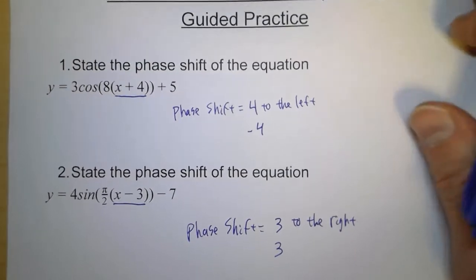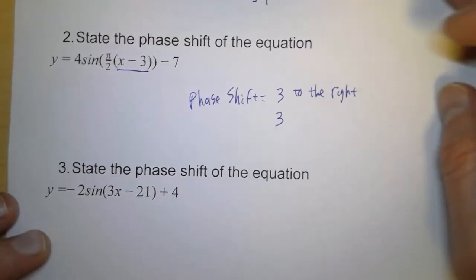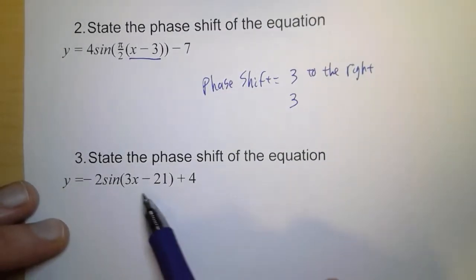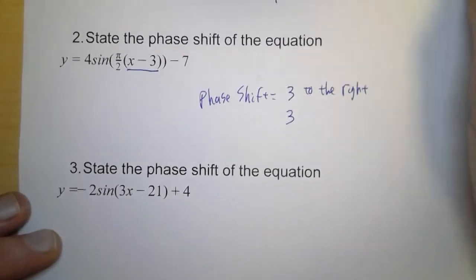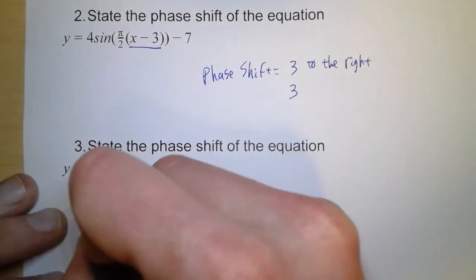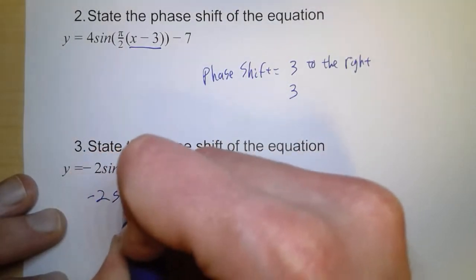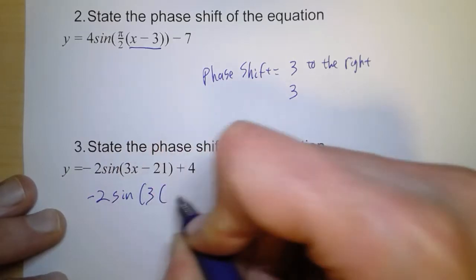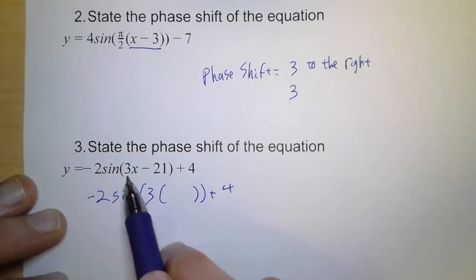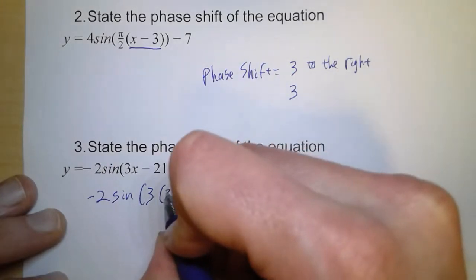But if you look at number 3, you see that you're multiplying a number onto x. And so at first glance it would seem like 21 is the phase shift, but actually it's not. What we have to do is factor out that 3. So if we divide 3x by 3, we get x.